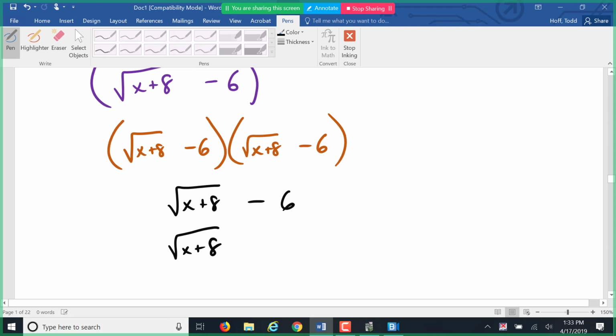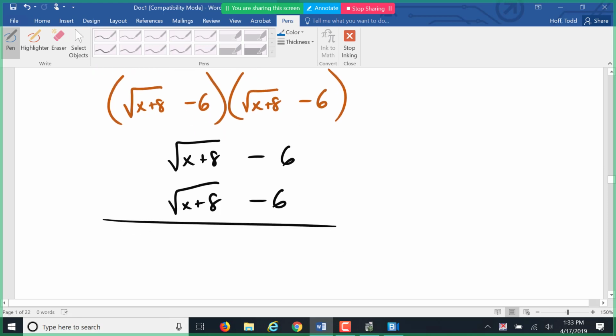So we'll write it out the long way. Negative 6 times negative 6 is a positive 36. Negative 6 times the square root of x plus 8. That's just negative 6 times the square root of x plus 8.